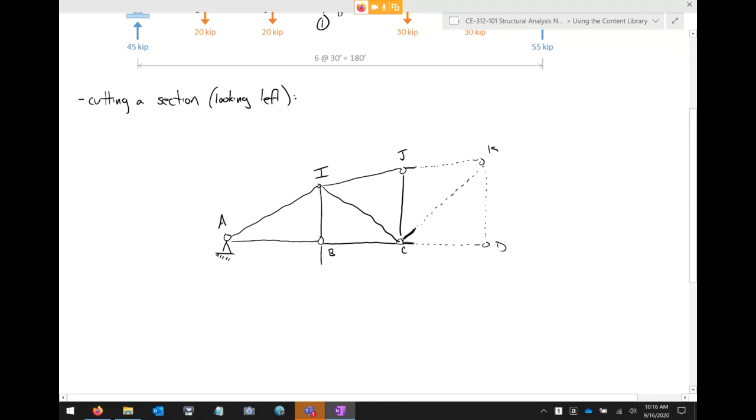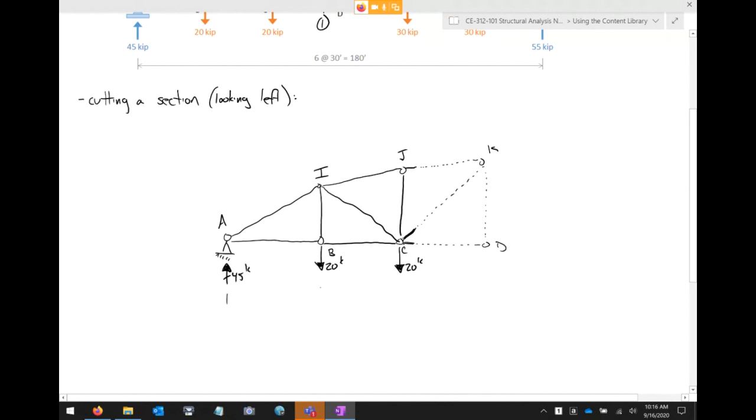We have loads. This is 20 kips. This is also 20 kips. And then this has a reaction of 45 kips.